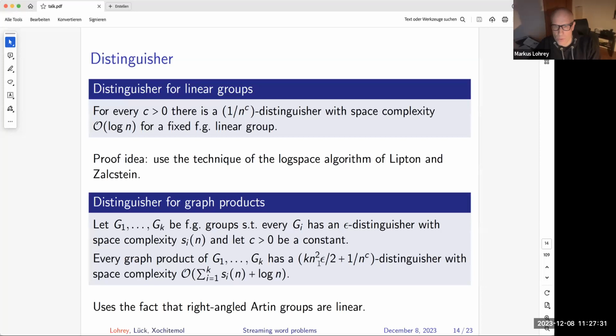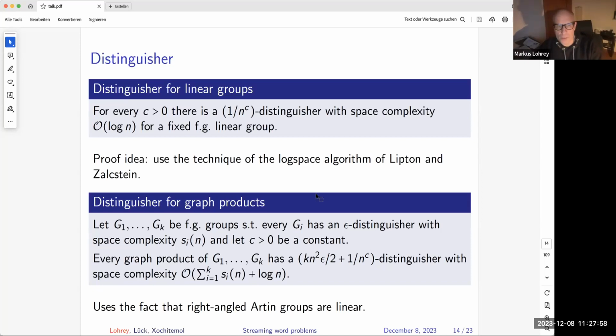K is just the number of factors in the graph product, which is not so important. The main problem might be this n square here. N is the input length, and it gets larger and larger. So if n becomes too large, this gets larger than 1. But this epsilon prime should actually be a probability, and if the probability is larger than 1, everything becomes trivial.